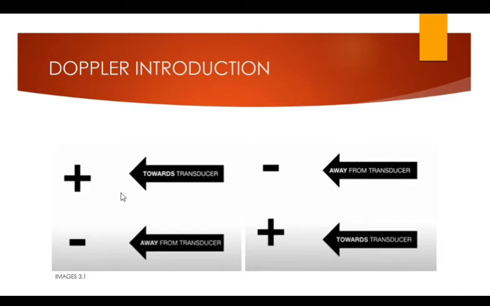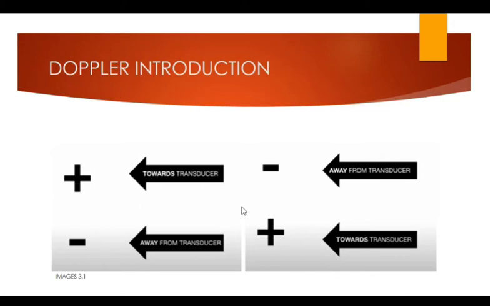And positive is always going to mean towards, and negative is always going to be away from the transducer. So if for some reason we did flip that, please remember that just because we've got a minus up here doesn't mean, like when we swap our colors, that whatever's on the top is towards the transducer. It's not like that when we're actually looking at the velocity.